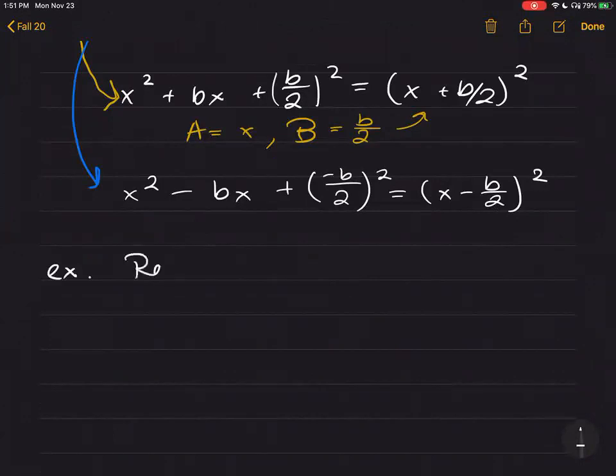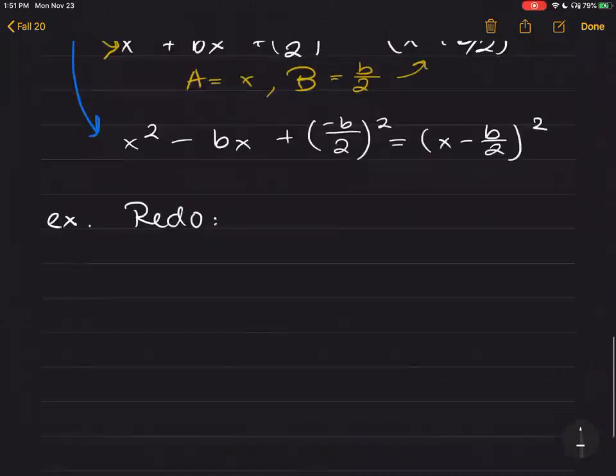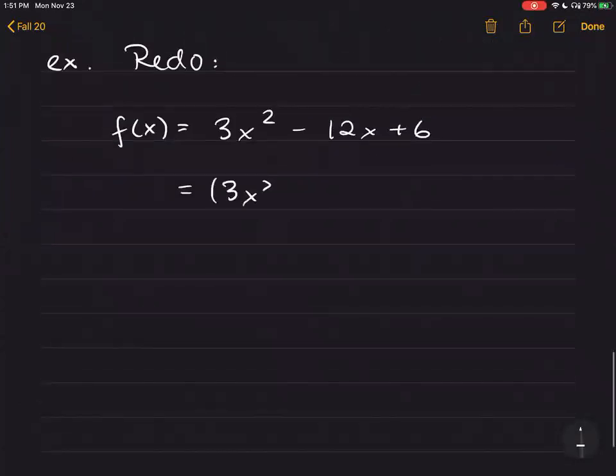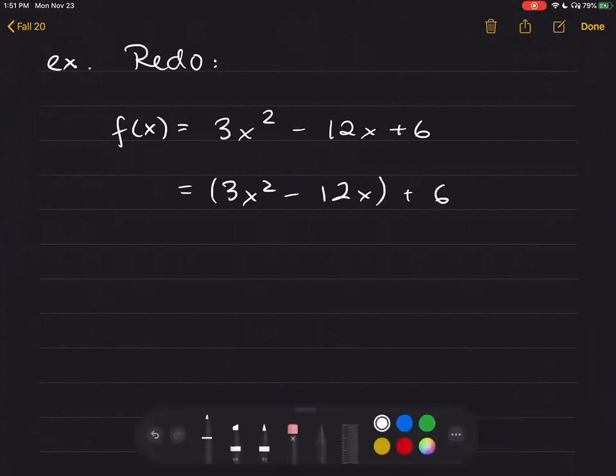So let's do the redo of that example. We had f of x equals 3x squared minus 12x plus 6. First, we want to focus in on the first two terms, just grouping them with parentheses so we can visually distinguish them. Now we want to take this leading coefficient in front of x squared and pull it out. Don't forget, we also have to pull it out of the second term.